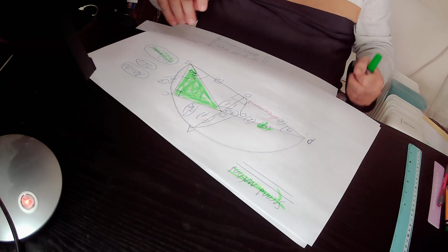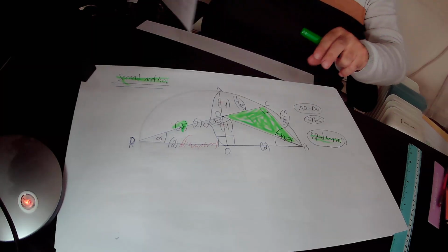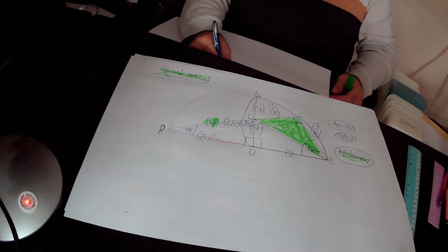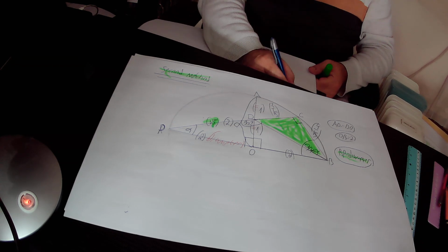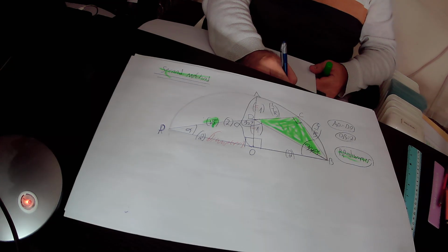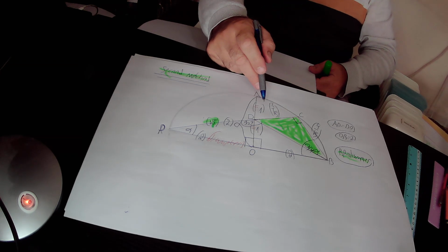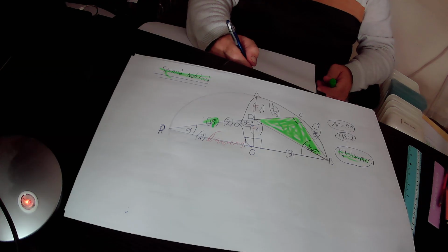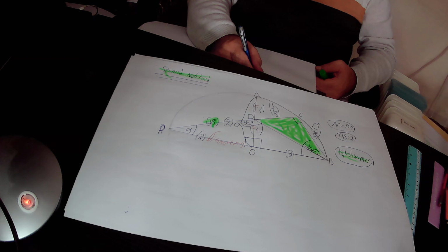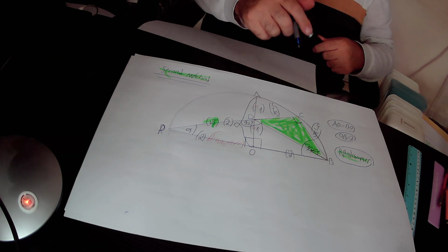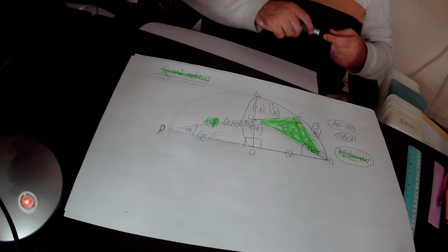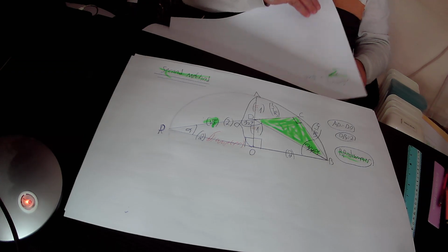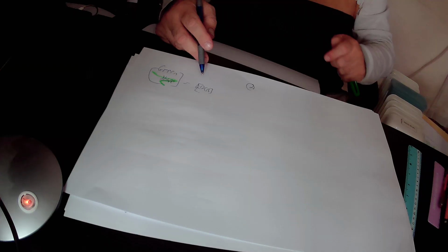Now it is very easy to find out the area of this green shape. The area of the green shape in total equals the area of this green right triangle DCB.